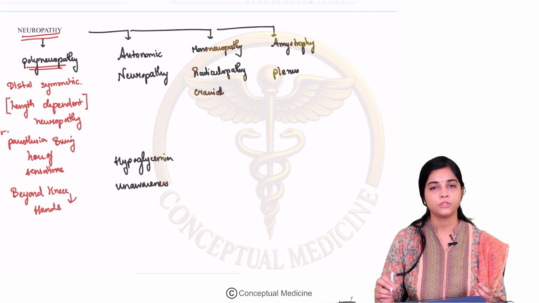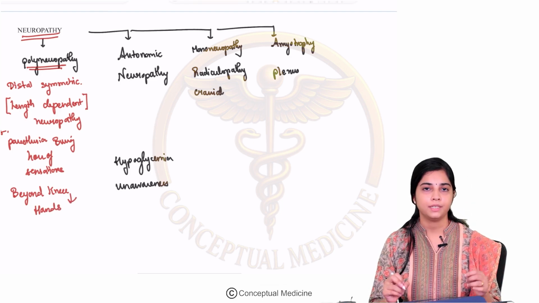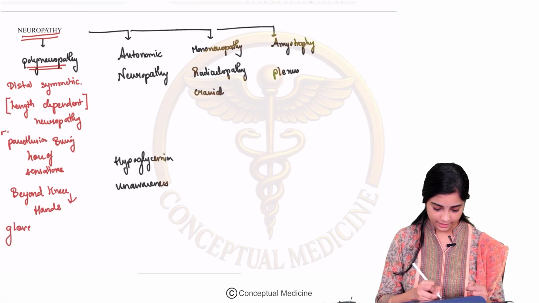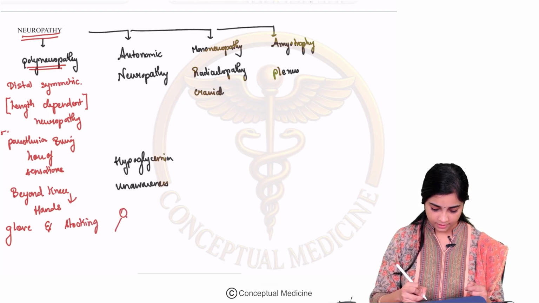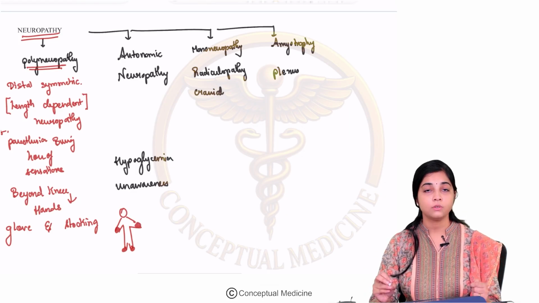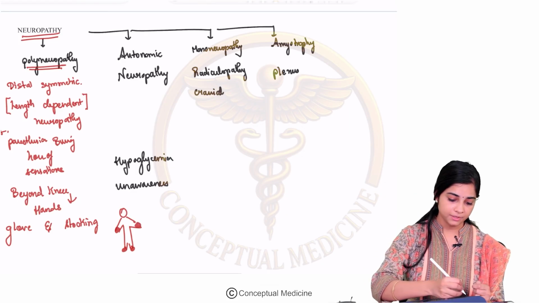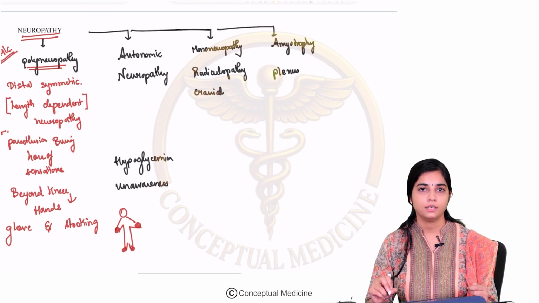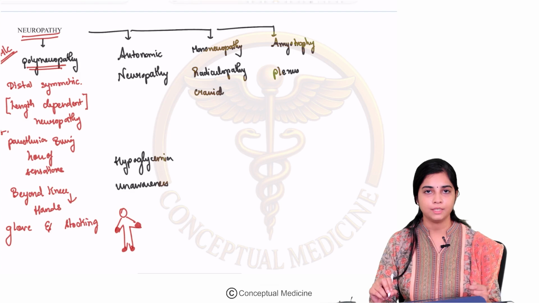This is what you mean by a length dependent pattern, and this pattern is what we call the glove and stocking pattern. So if you see an individual with diabetic neuropathy, it usually has a glove and stocking pattern. Distal symmetric polyneuropathy is the most common form of nerve damage in diabetes mellitus.